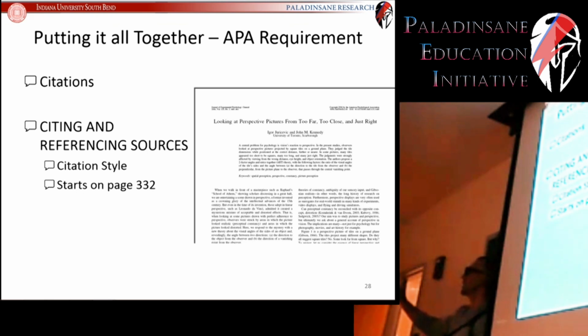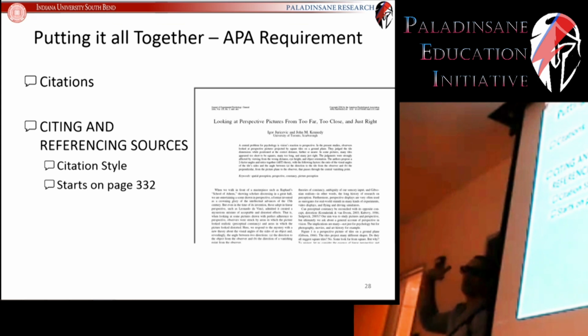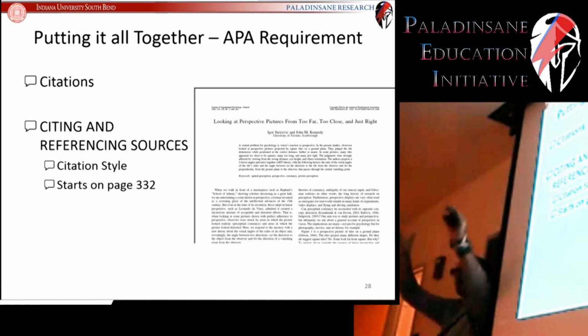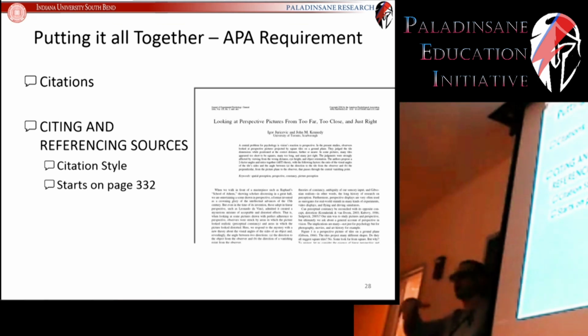So if you write something like, Roediger and McDermott studied reconstructive memory in 1995, Roediger and McDermott are part of the text, they're part of the narrative, that's an in-text citation. If you say something along the lines of, psychology has studied reconstructive memory, and then in parentheses, Roediger and McDermott, 1995 is your reference, that's a parenthetical citation.